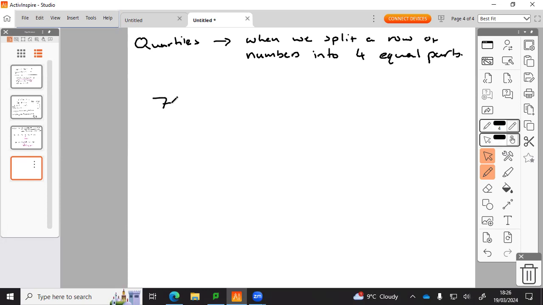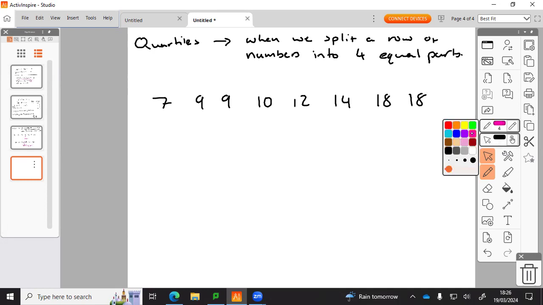Okay, so one, two, three, four, five, six, 7, 8. The median would be 11, right in the middle. 10 plus 12 divided by 2 will get 11. In fact, you know something?